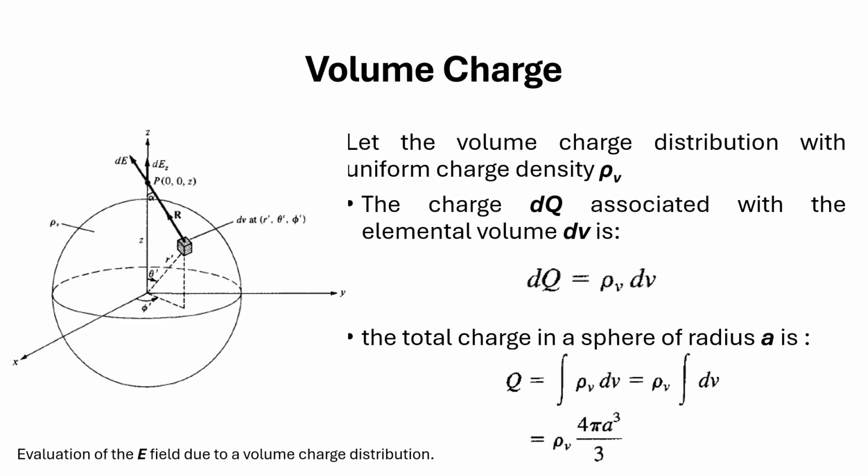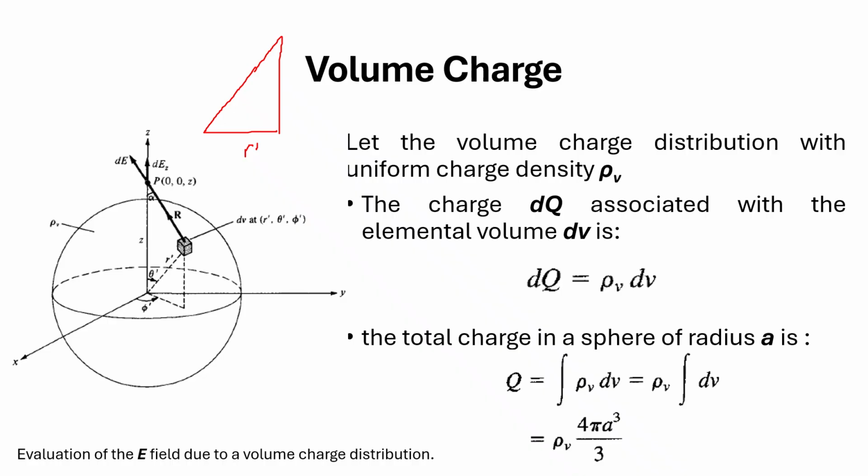We go to the volume charge, where we try to measure the electric field in this volume charge. Let's say you have this kind of sphere, then you can see we have the same concept. We have the source point and also the receive point. Here we have the angle. Let's say we draw this hypotenuse. We call this R prime.